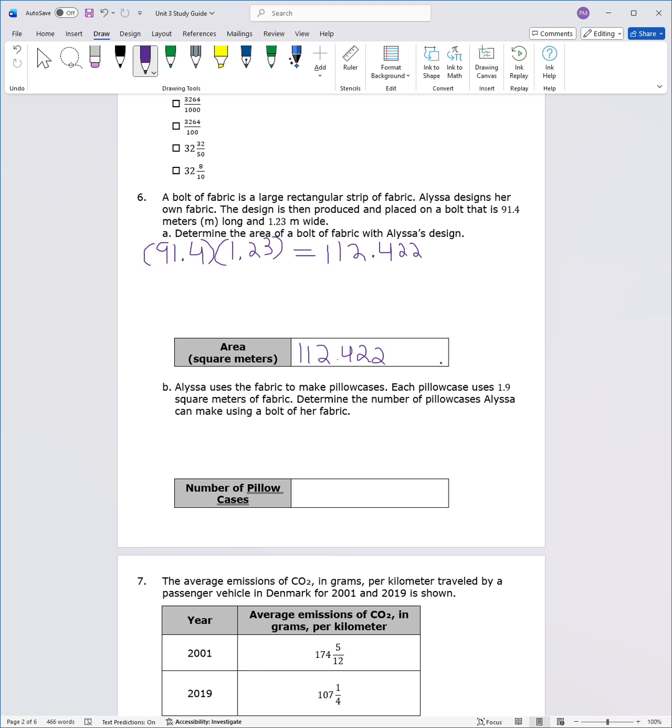For part B, Alyssa uses the fabric to make pillowcases. Each pillowcase uses 1.9 square meters of fabric. We need to determine the number of pillowcases Alyssa can make using a bolt of her fabric. So for this problem, we need to think about what math operation we should be using.